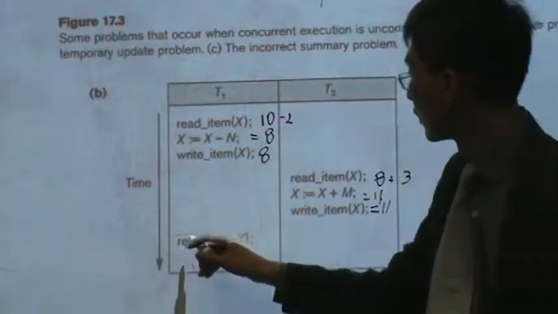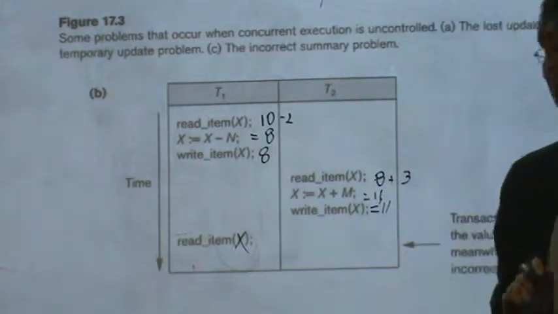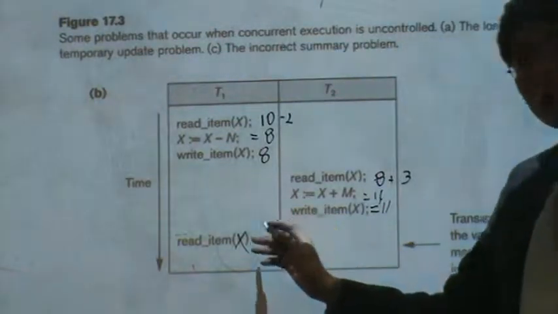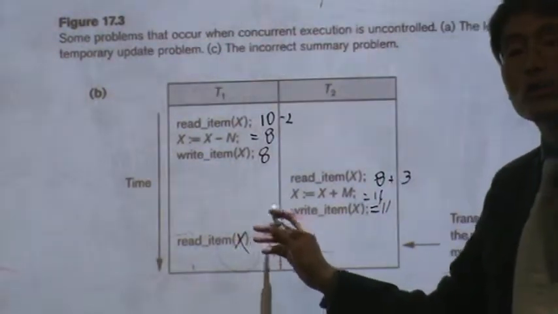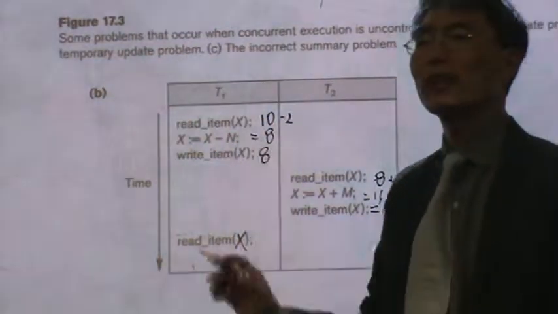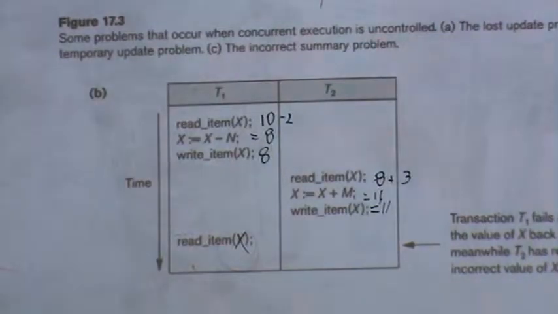Then read the data item X again. What will it be? 11. However, it's supposed to be 8 in the same transaction. That's the temporary update problem, because there is no solution to address the problem of synchronization. There is no concurrency control.